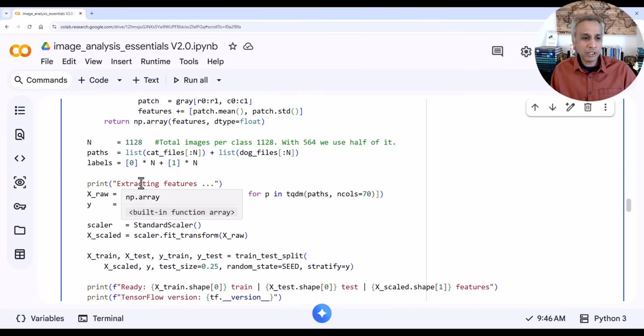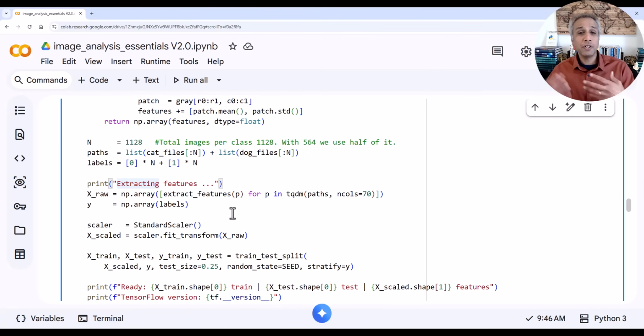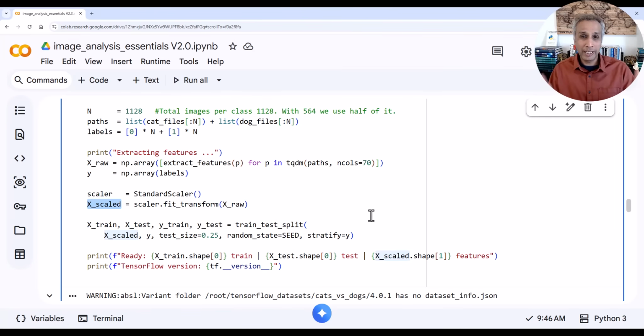Once the features are extracted, depending on what feature you're extracting, the range of these values vary. That's why we need standard scaler to standardize and scale them to a specific range. So X scaled is where you have all the feature vectors ready for training.